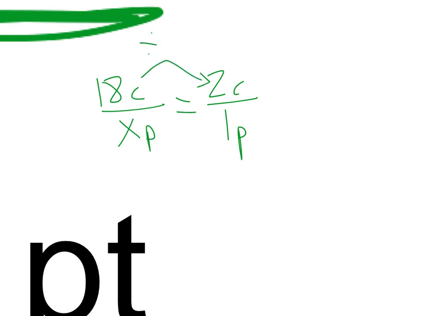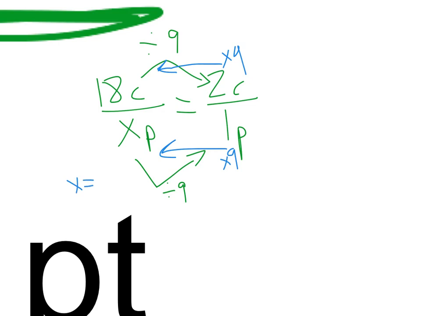I divided by 9. So what am I going to do to X? I'm going to divide it by 9, which means how do I get the opposite direction? How do I go from 2 to 18? Isn't that times 9? So what do I have to do to my 1 here? Times 9. So no matter what, X equals 9.